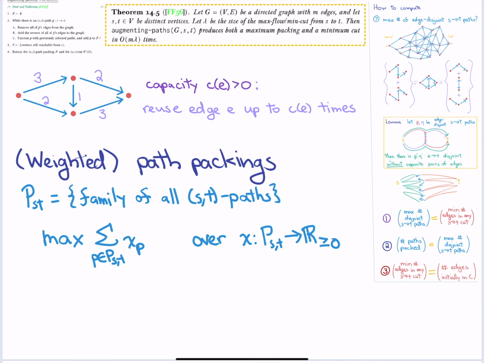So that's expressed as: let's sum over all the paths and add up the numbers. And now I want to obey all the capacity constraints like before.